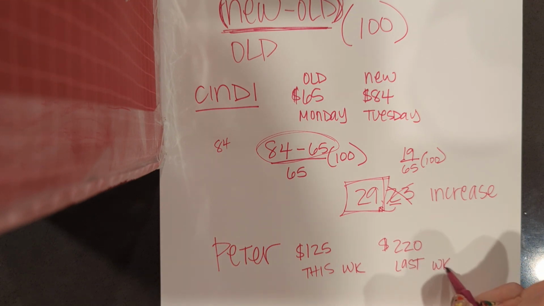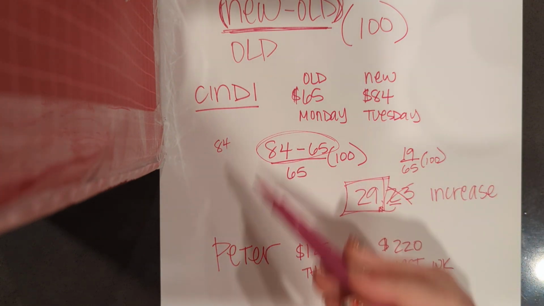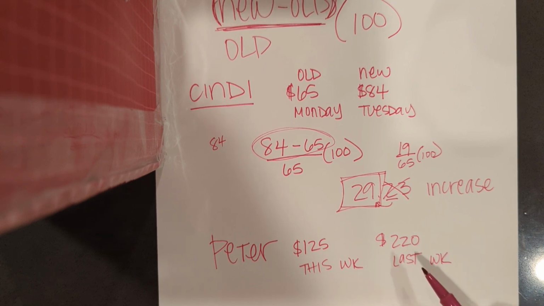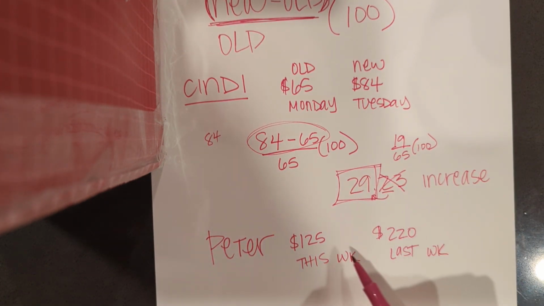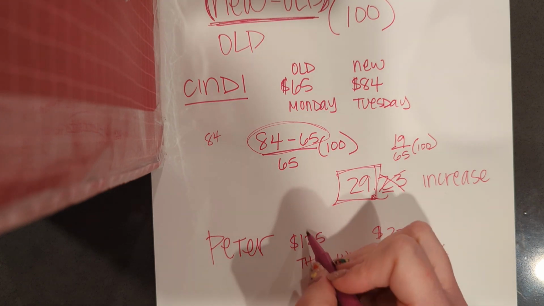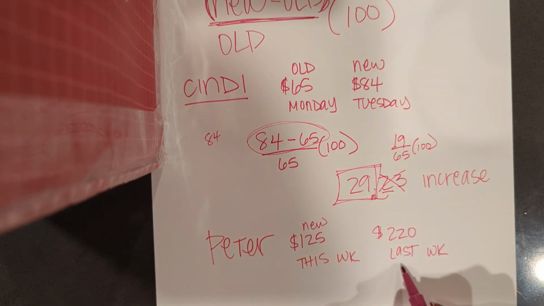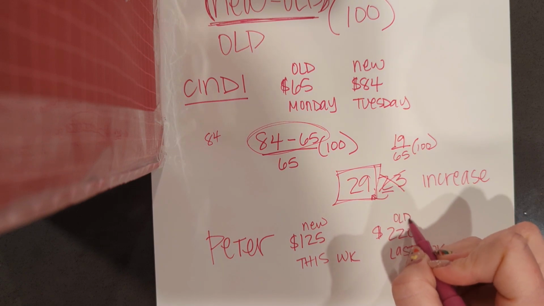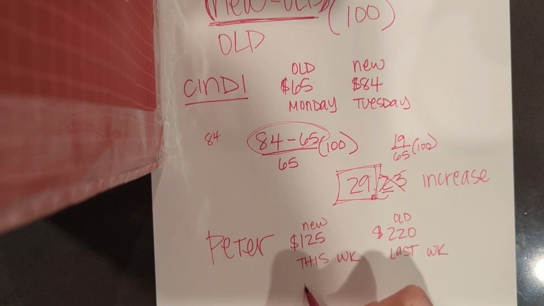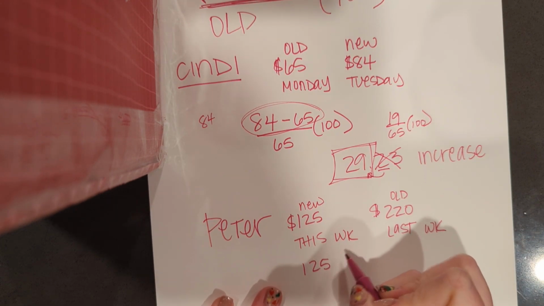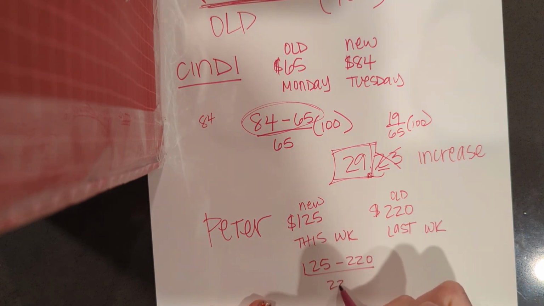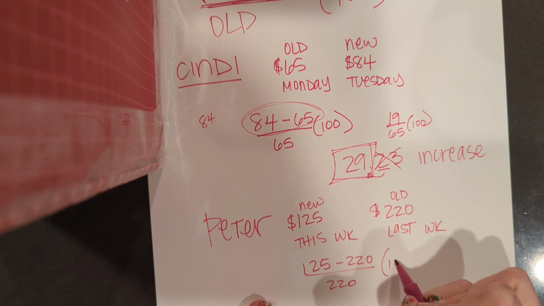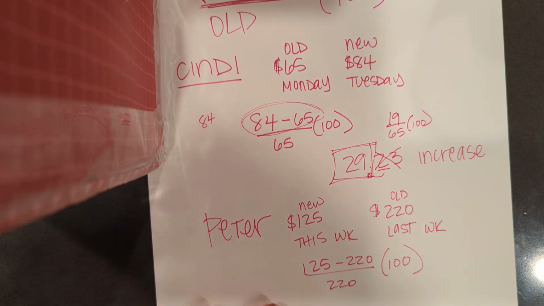Again, you're writing this on your paper so you get credit. So it's new minus old over old. So if this is this week, that's my new number. Last week is my old number. So the new is 125. My old is 220. And I'm multiplying it by 100.